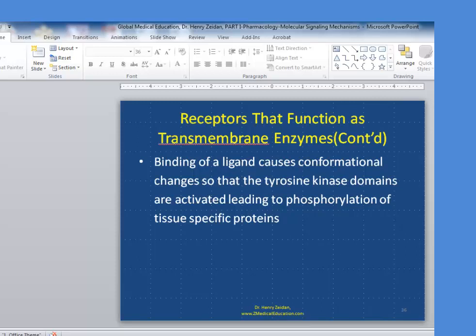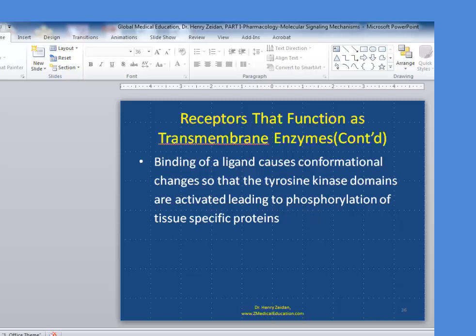When we talk about receptors that function as transmembrane enzymes, we like to talk about tyrosine kinase, growth factor, the coupled system, and cytokines. And we like to appreciate every one of them. Transmembrane proteins.